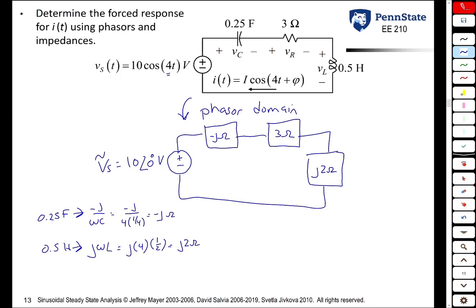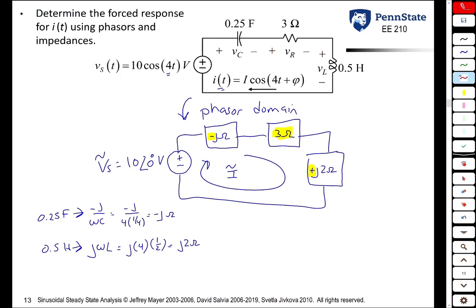So notice, capacitors are always going to have a negative impedance. Inductors are always going to have a positive impedance. And resistors are always going to have a real impedance. Final thing we want to do before we solve this now is, instead of solving for I of t, we're going to solve for I tilde.